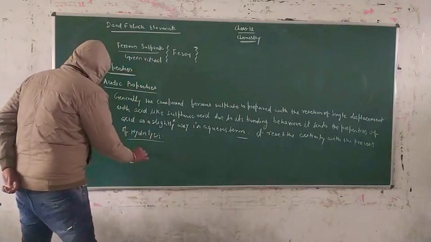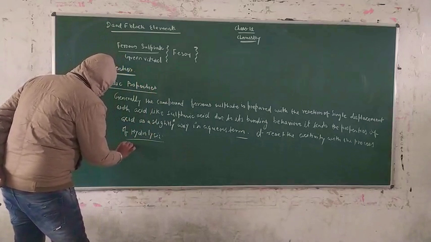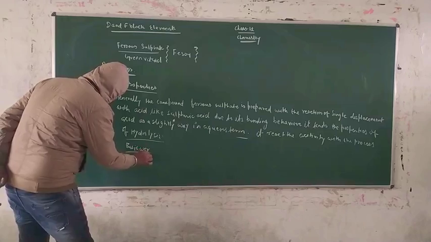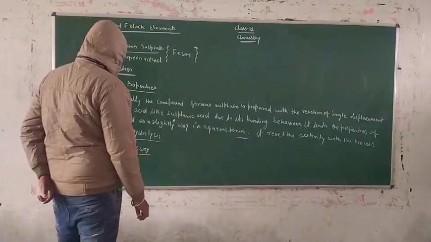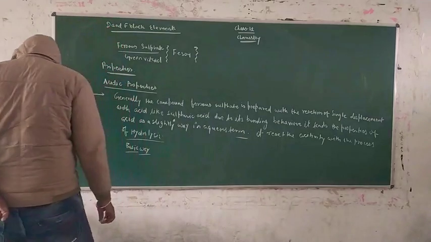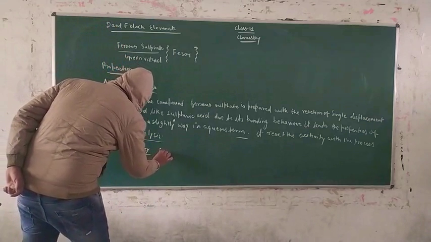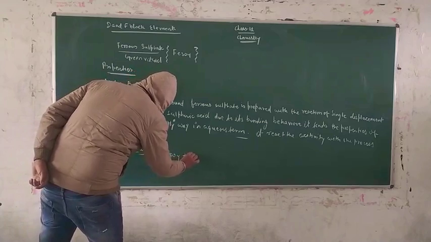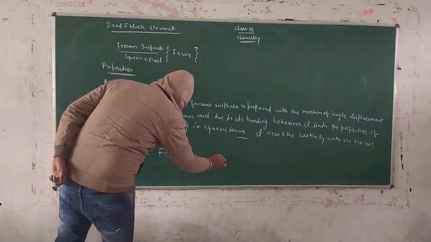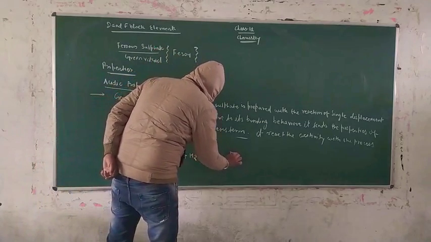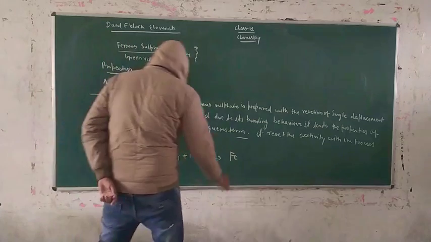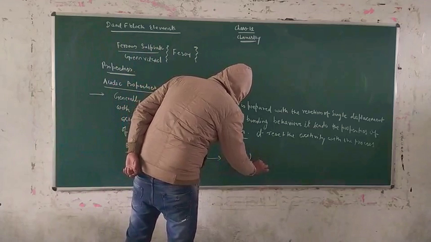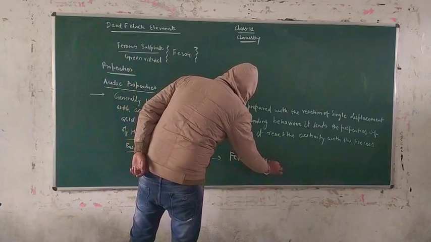For the basic property, the reaction that takes place is FeSO4 plus H2O forming Fe(OH)2 plus H2SO4.